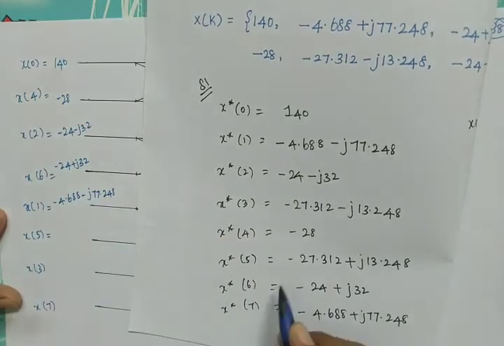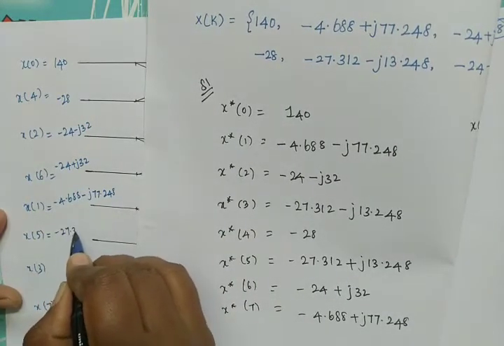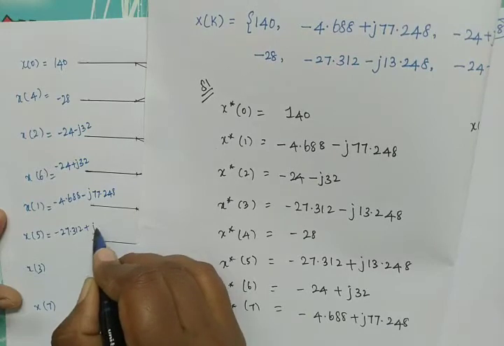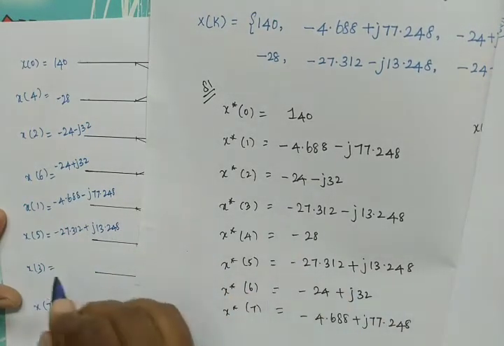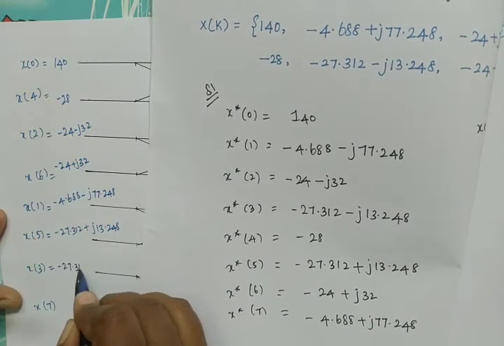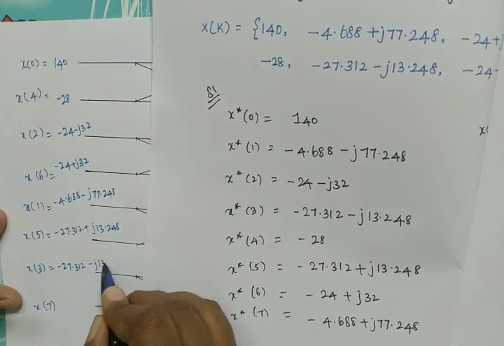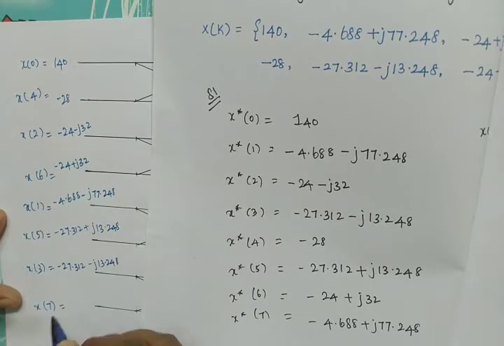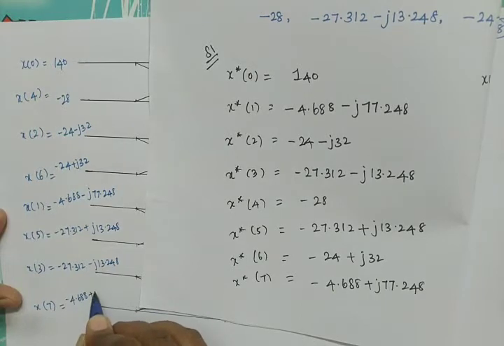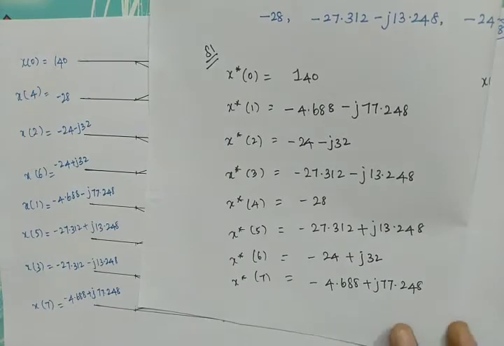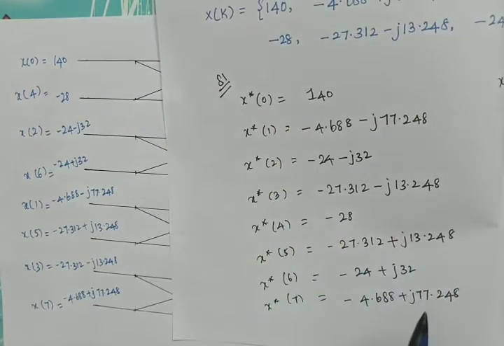What is x of 5? Minus 27.312 plus j 13.248. What is x of 3? Minus 27.312 minus j 13.248. What is x of 7? x of 7 is minus 4.688 plus j 77.248.